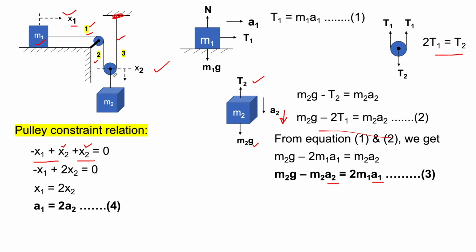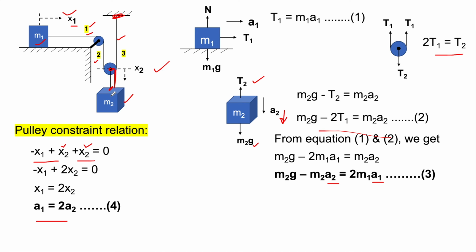We can also write the pulley constraint relation for this second rope, but since this rope is tight, the acceleration of this point and of this point will be the same. So the acceleration of block M2 and the movable pulley will be the same. Although we assumed the displacement of the movable pulley is x2, we can consider it as the displacement of block M2 because the rope is tight, so the accelerations of the two ends of the rope will be the same. Therefore we get a1 equals 2a2, equation number 4.